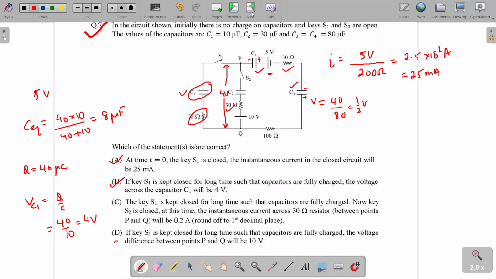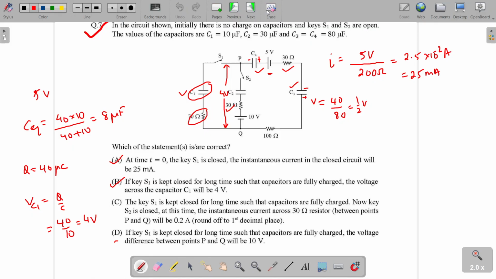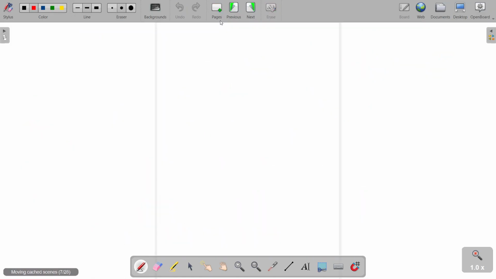So now we want to write the equation. We have a 4 volt battery which is connected to a resistor of 70 ohms.